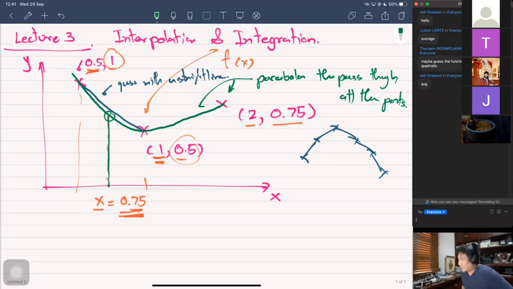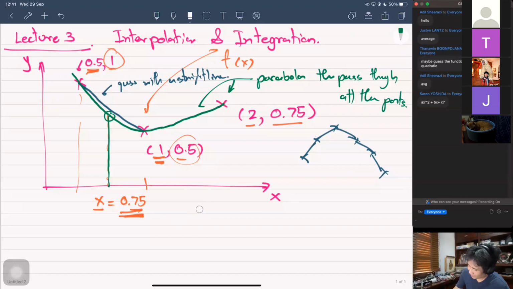Can you give me a general form for a quadratic equation? Anyone? Or Tanawin, what exactly do you mean by quadratic equation? Good. Ax squared plus bx plus c, right?